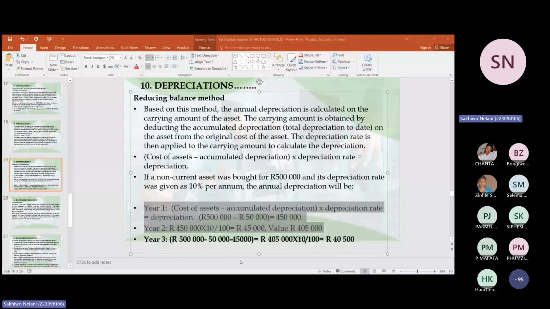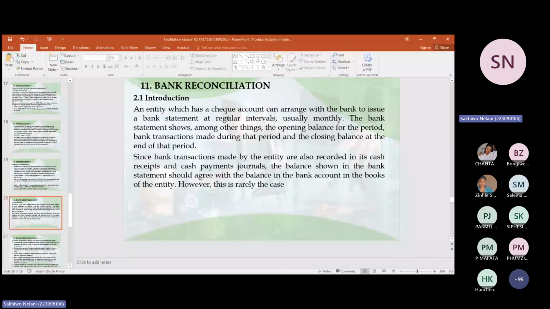You will be expected also to look at the issues of the bank reconciliation. I will do the high-level overview for this. We're going to look at it in the next section. But bank reconciliation basically is another chapter that is important in the business sector.